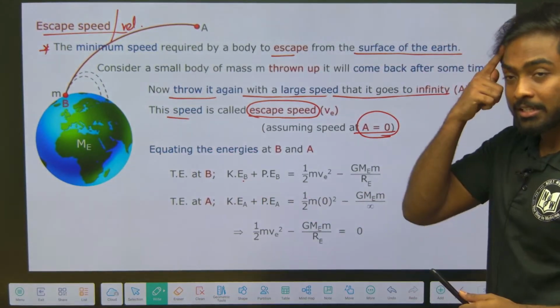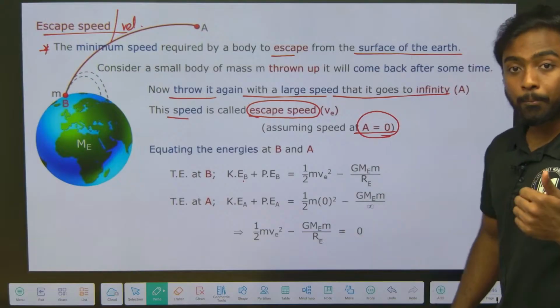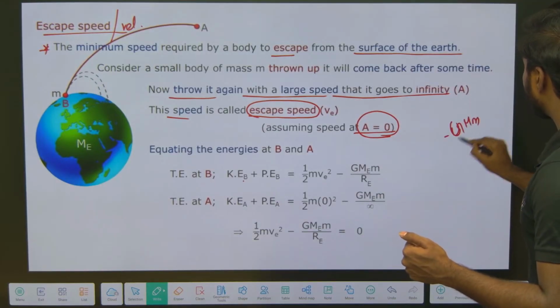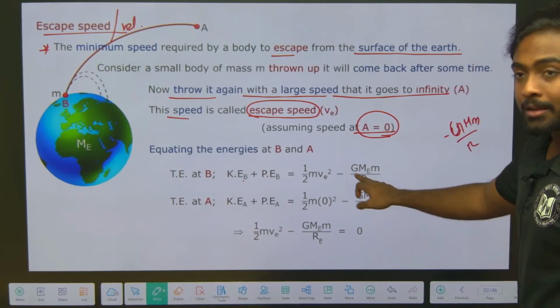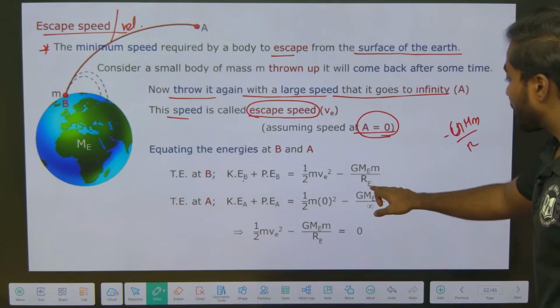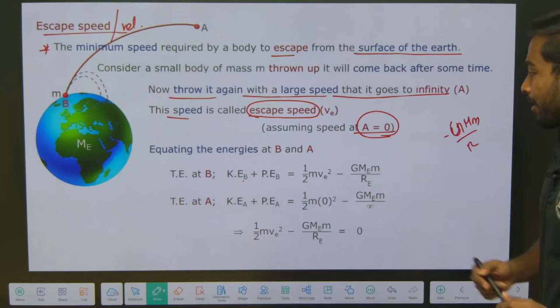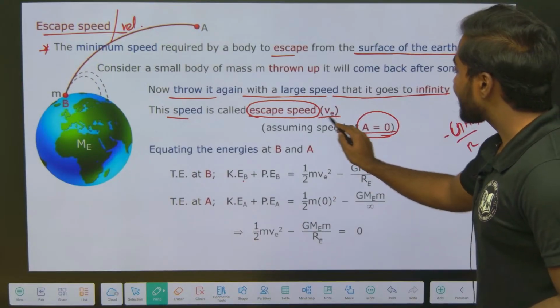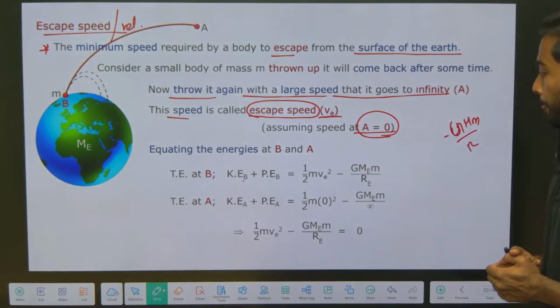Kinetic energy is half m v square. Potential energy is minus GMm by r, where G is a constant, M is the mass of the earth, m is the object's mass, and r is the radius of the earth. The velocity v_e is the escape speed or escape velocity.